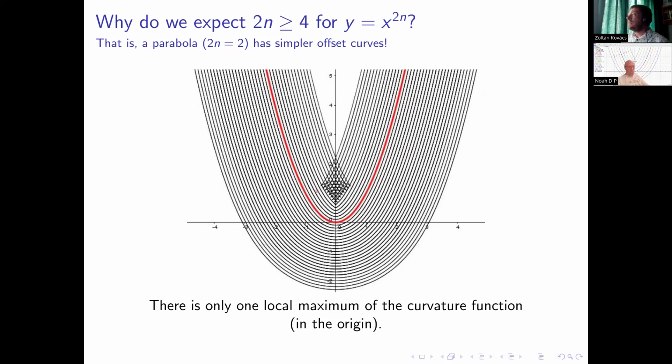But in this case, we only have one cusp, or another offset cusp. So we cannot see only one cusp for each distance, or nothing, or no cusp. The difference is in the properties of the curvature.